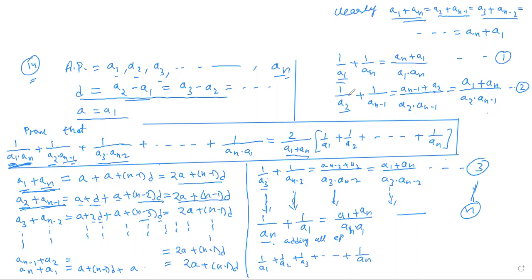If we add the first terms only, 1 by a1 plus 1 by a2 plus 1 by a3 and so on up to 1 by an. And then the next terms, the second terms, 1 upon an plus 1 upon an minus 1 plus 1 upon an minus 2 and so on up to 1 by a1. Means if we write them in reverse order, 1 by a1 plus 1 by a2 and so on up to 1 by an will be the last. Means this is 2 times.